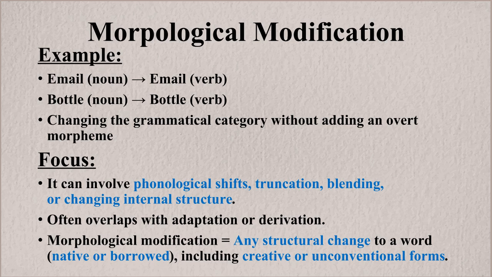The focus of this process is to involve phonological shifts, truncation, blending, or changing internal structure. It often overlaps with adaptation or derivation processes. In other words, we can say morphological modification means any structural change to a word, native or borrowed, including creative or unconventional forms.